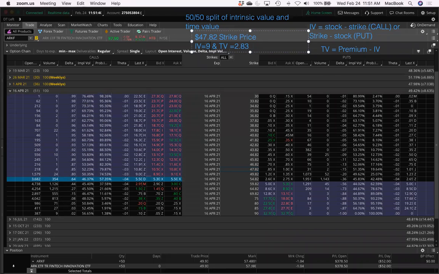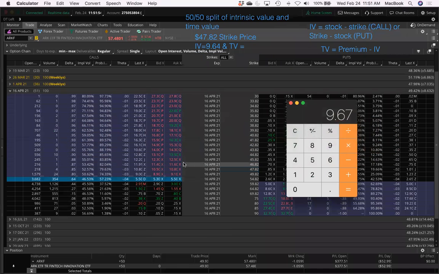So we have 9.64. And now we need to determine the time value. And again, time value is the premium minus the intrinsic value. So let's pull back up the calculator. Going to the 47.82, the premium is $10.80.